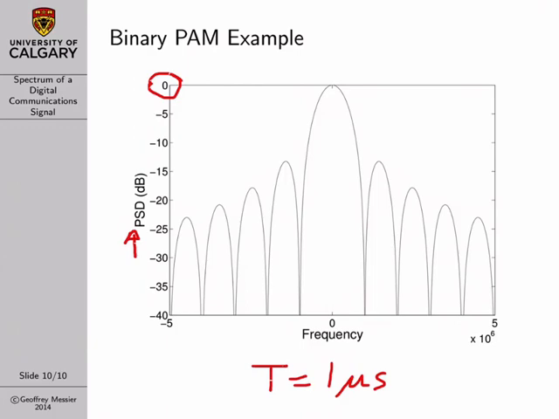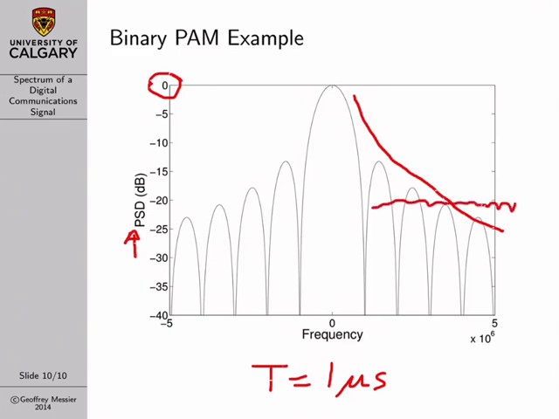Now, one thing I'll point out is that obviously this signal takes up a lot of room in the frequency domain. In theory, an infinite amount of room, right? Because the sinc function goes from minus infinity to plus infinity. Practically speaking, when you use a square pulse, you don't take up infinite spectrum because, as the tails of the spectrum decay, eventually you get below the noise floor of your receiver.